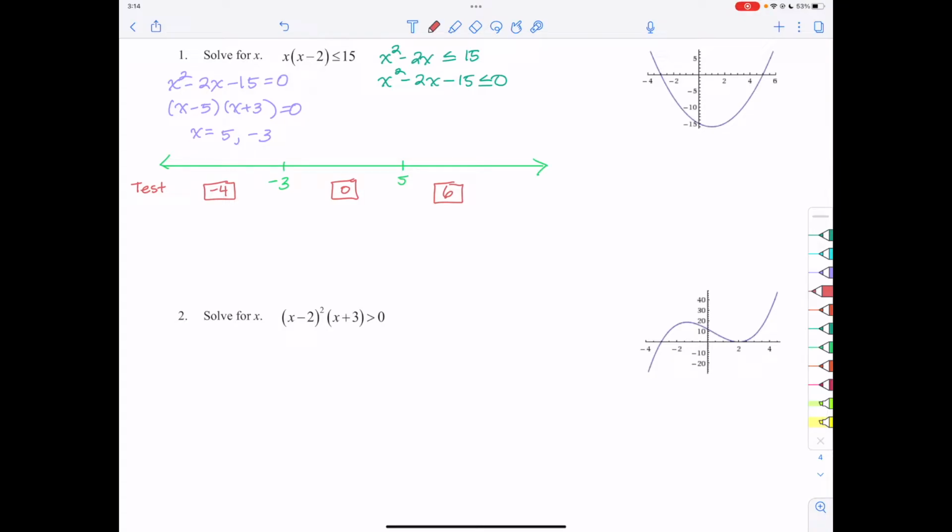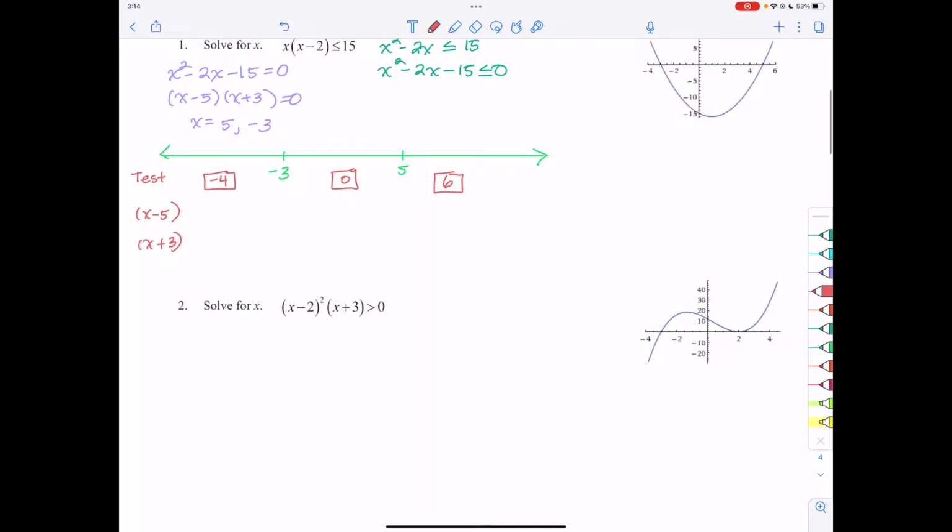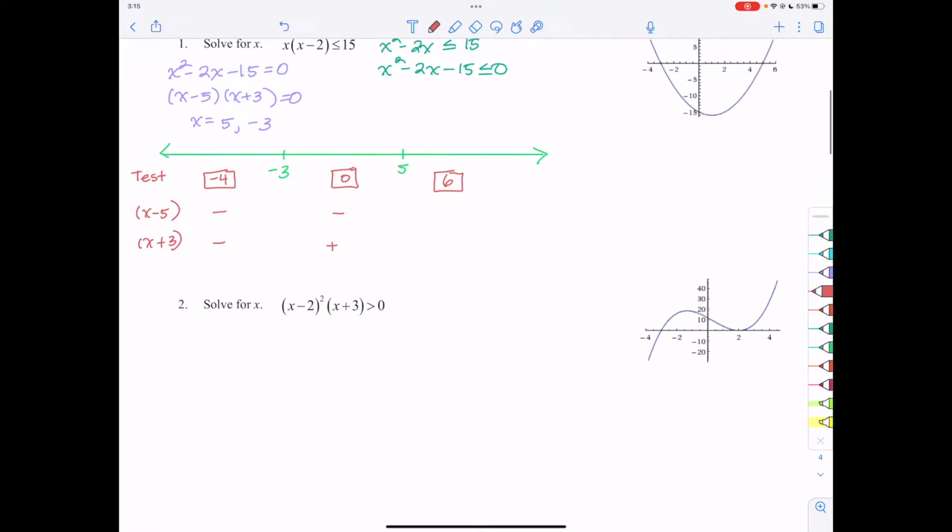Now, plugging those values into x minus 5 and x plus 3, what will we have? We will have a negative value if we plug negative 4 into x minus 5. And we will also have a negative value if we plug negative 4 into x plus 3. Okay, let's try that for 0. Here we would have a negative, but here we would have a positive because 0 plus 3 is a positive number.